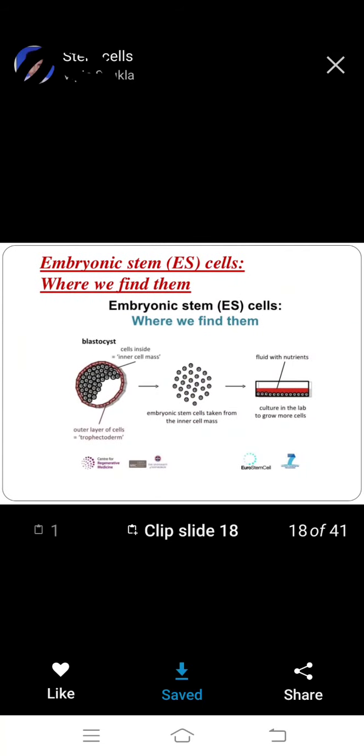Embryonic stem cells: where do we find embryonic stem cells?